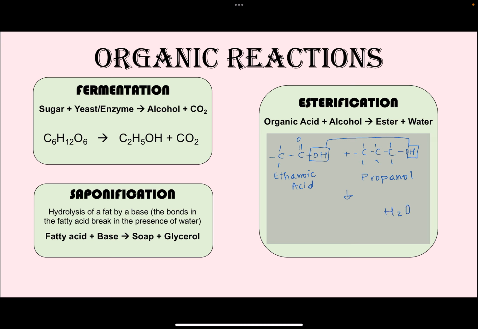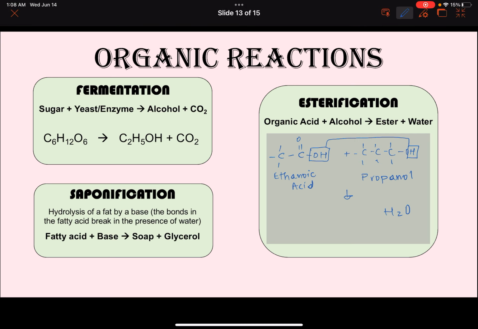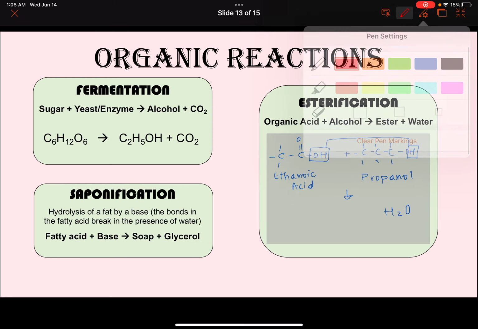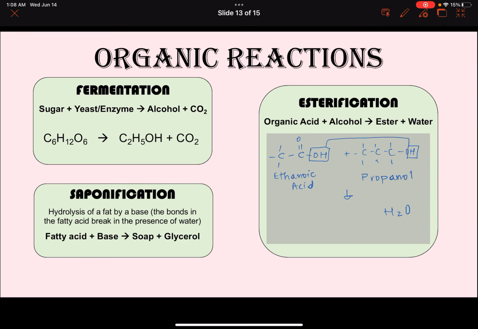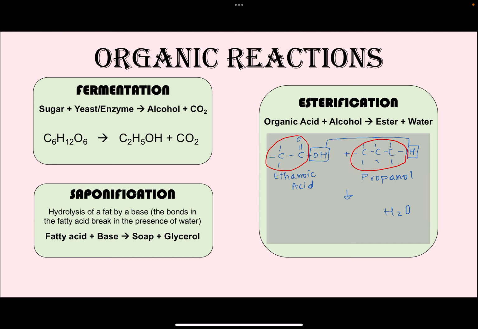So now that water is gone, everything else that is left in this reaction is going to be together. So this part and this part is going to combine to make the ester.